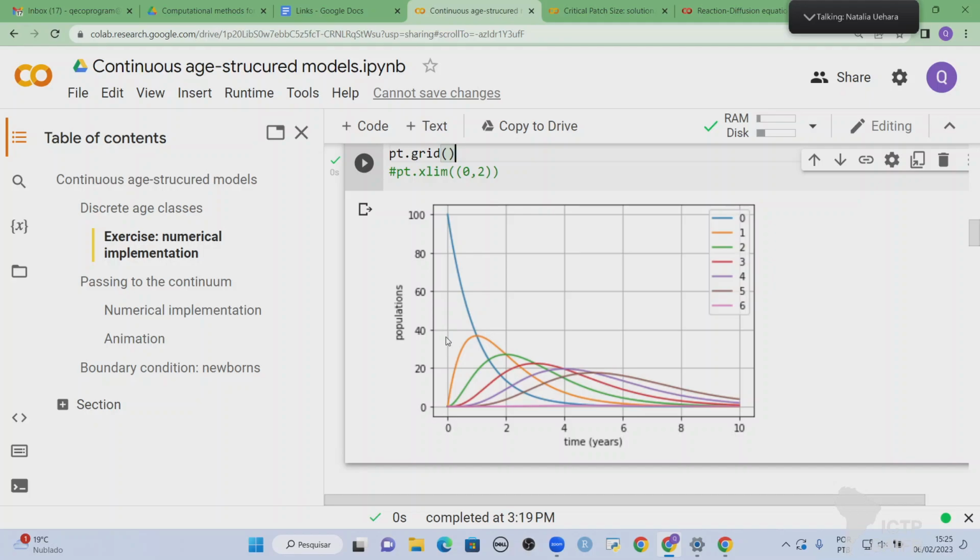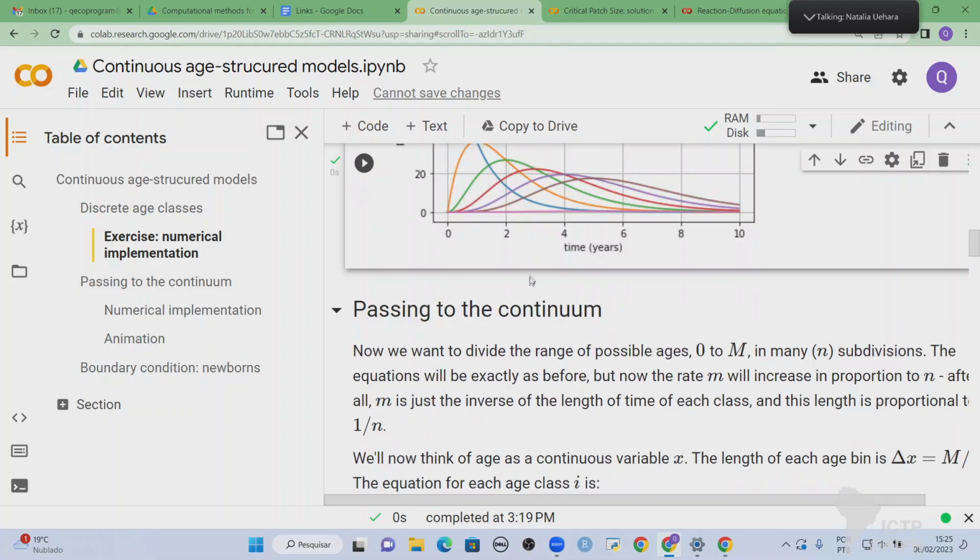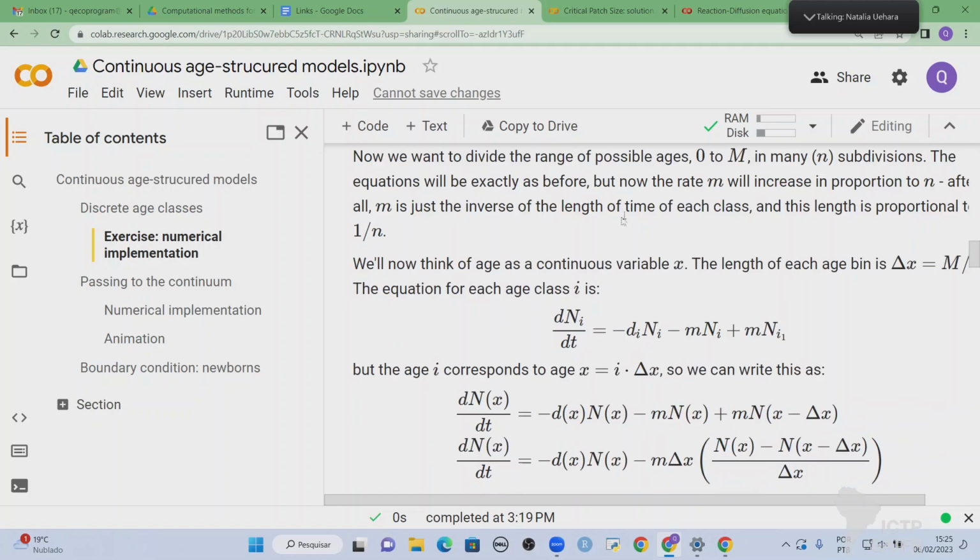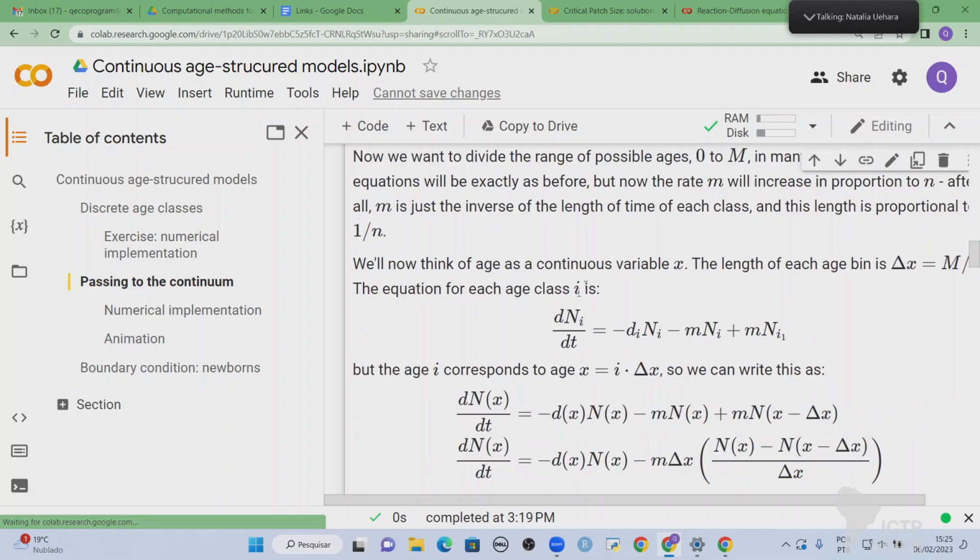The goal is to pass this to the continuum, to have a continuous age distribution. So pretty much like we did with space, instead of having just a few patches, we fill the space with many very small subdivisions. And we are doing this now with age. And what would the age equation look like now? So I have now, if I look at a certain age, of age class i.